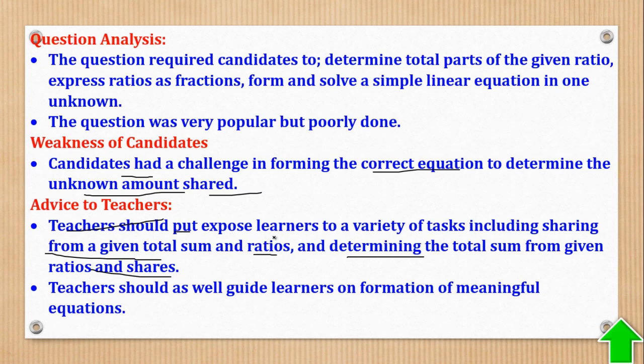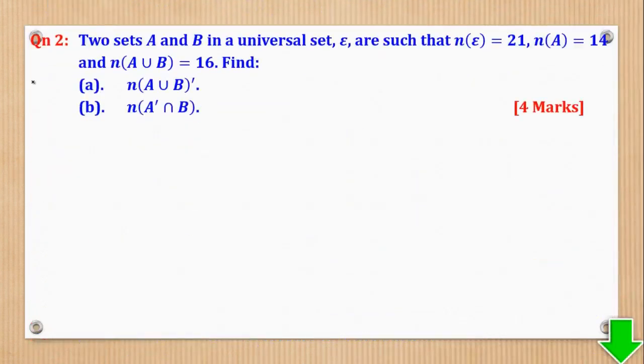So in this question, they've given you a certain amount which Ismail got, and they wanted you to get the total amount shared. So you should read the question and understand it. Teachers should as well guide learners in forming meaningful equations. So that was question 1.